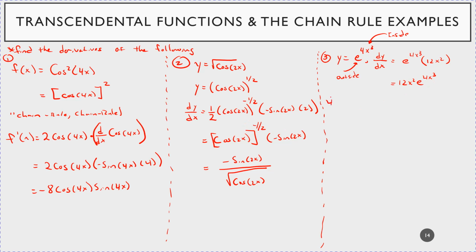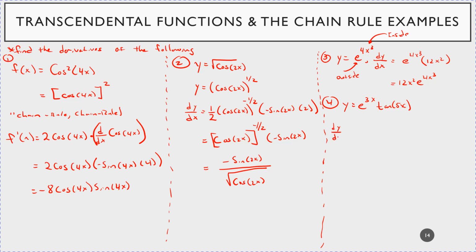All right, let's end on this one here, okay? Let's look at y is equal to e to the 3x times tangent of 5x. So if you look here, you're going to need to apply the product rule, right? So when you apply the product rule, though, you're going to have to take the chain rule of each of these.